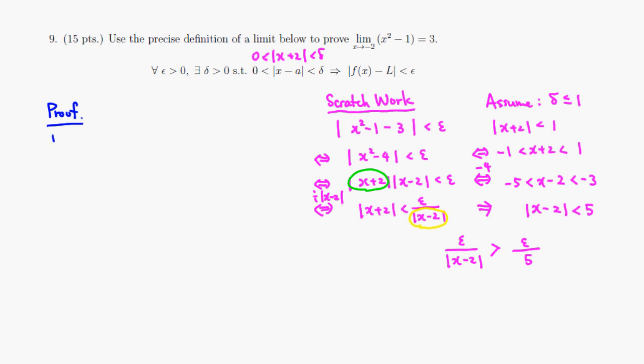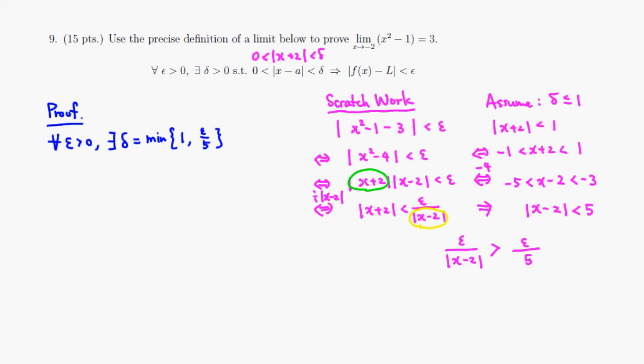Right, so for all epsilon greater than 0, there exists a delta. Since we made an assumption that delta is less than or equal to 1, we're going to take the minimum of 1 and epsilon over 5.